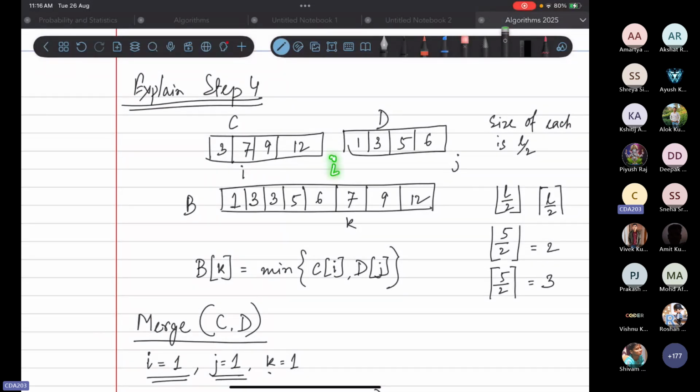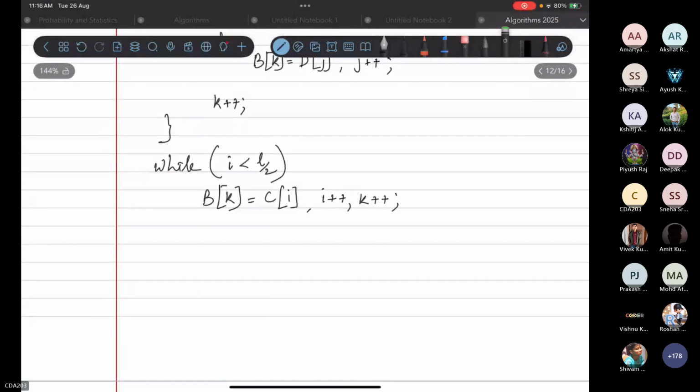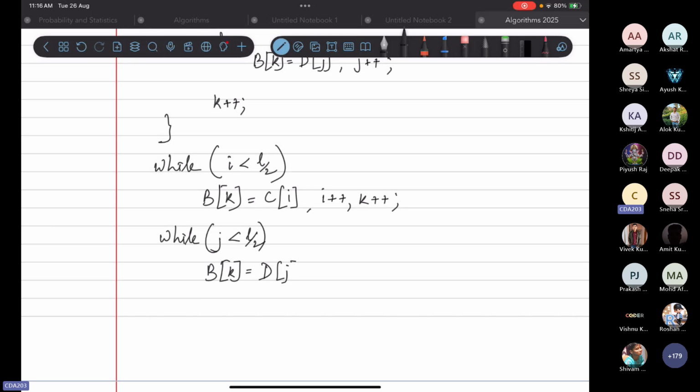It might happen that I goes beyond L by 2, but j remains somewhere less than L by 2. So in that case, we'll have just the opposite of this. While j is less than L by 2, I'll say Bk has to be Dj, and I have to increment j, and I'll also increment k as well. This is the whole merging step.